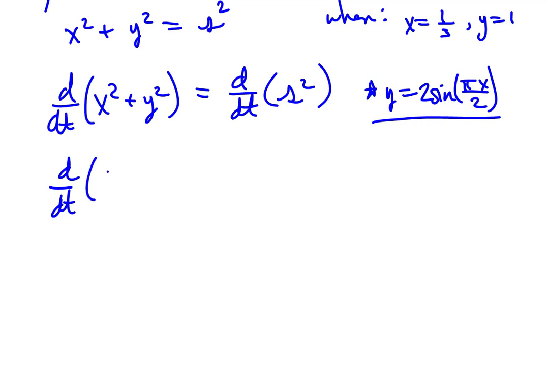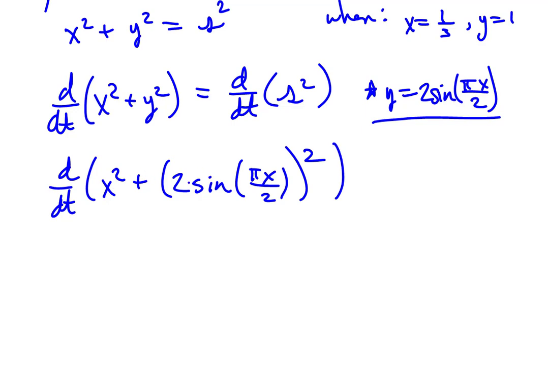So I'm going to recopy this as d over dt of, we have x squared plus y squared, but instead of y, we're going to put 2 sine of pi x over 2, because that's what y is, as we've stated. And that will be squared. So there's x squared plus what we replaced with y there, squared, equals d/dt of s squared.